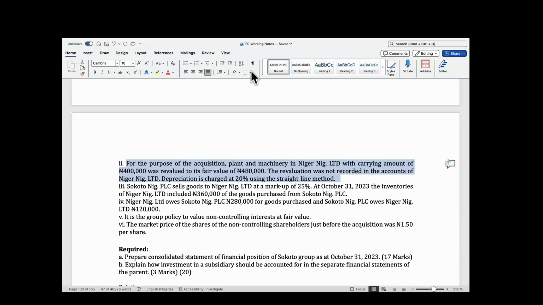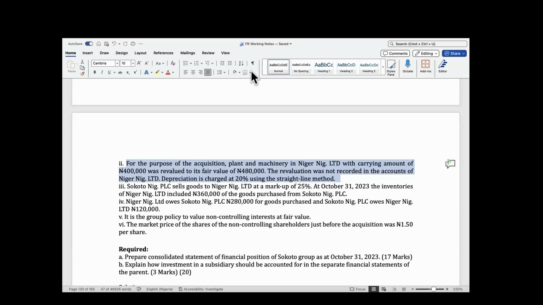Okay, the depreciation, obviously the depreciation will have been understated initially. So the 20% of that 80,000, that's 16,000 for 4 years, will be 64,000.